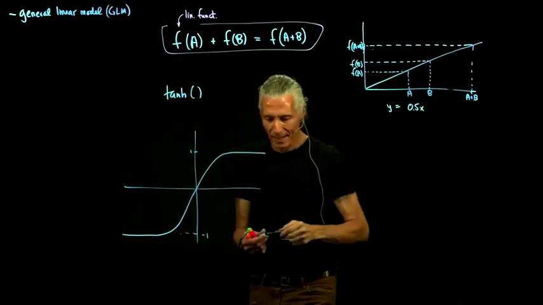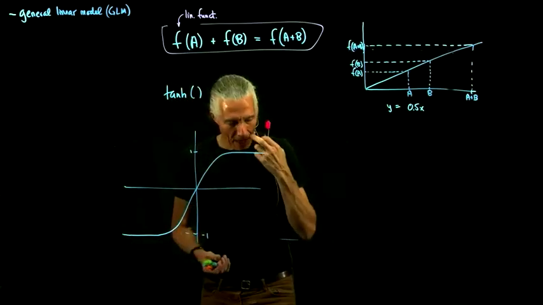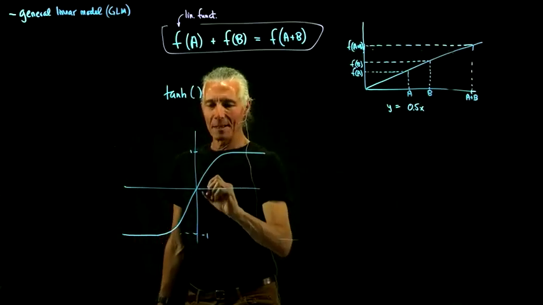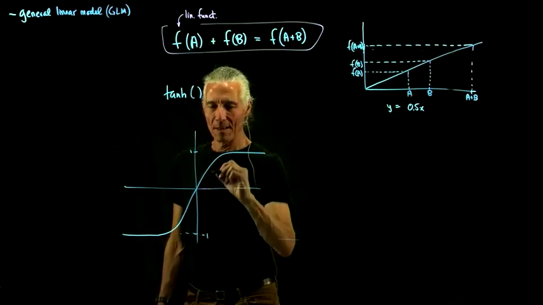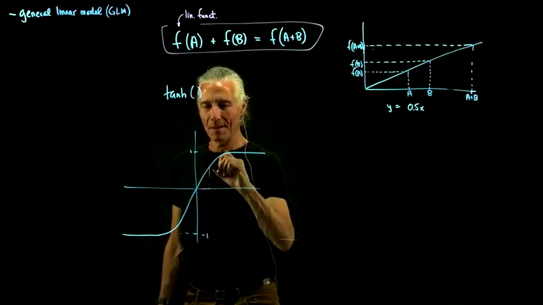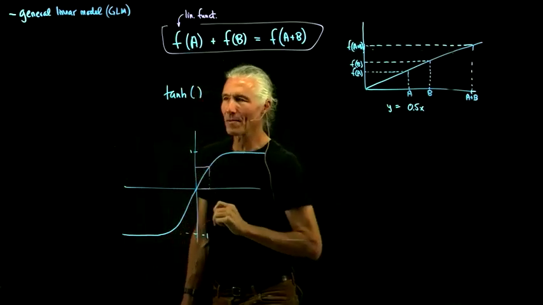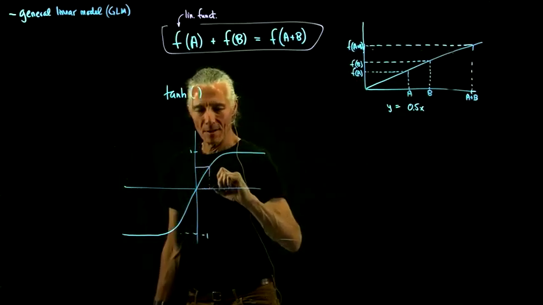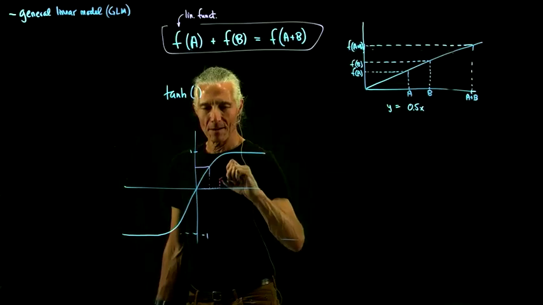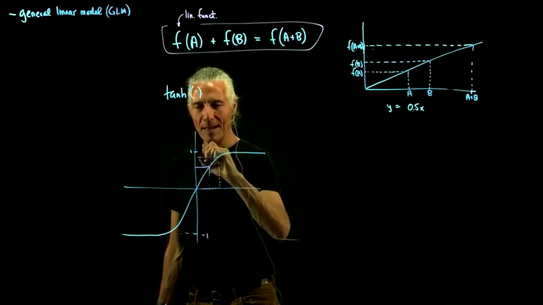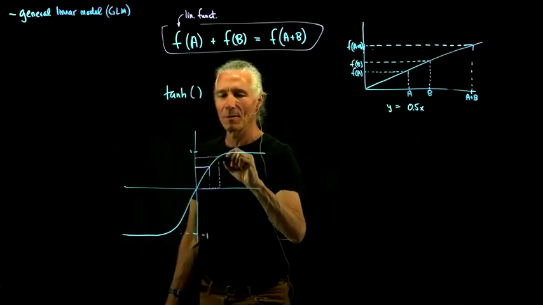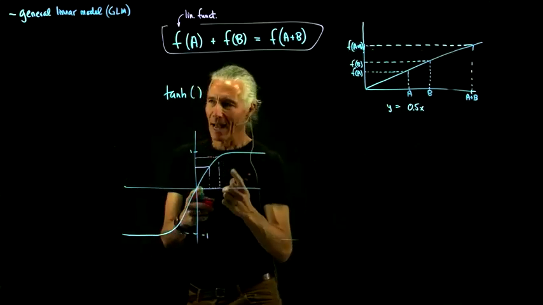And so why isn't it linear? Well, say we go out here and get that number on the y-axis, and then go out here and get that number on the y-axis. What is our prediction of adding those two together?